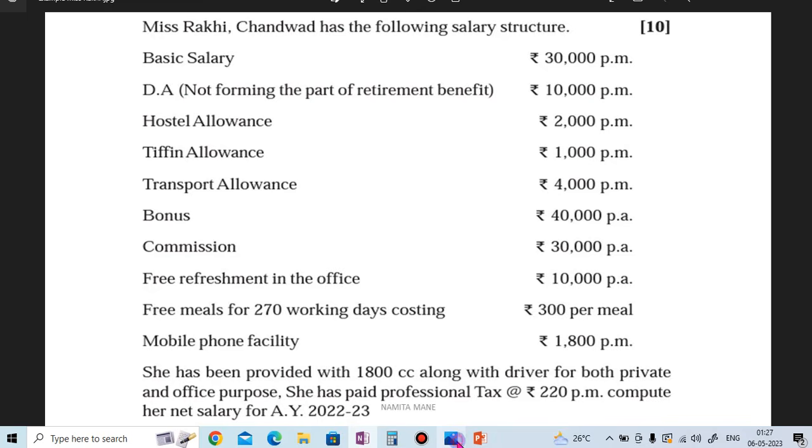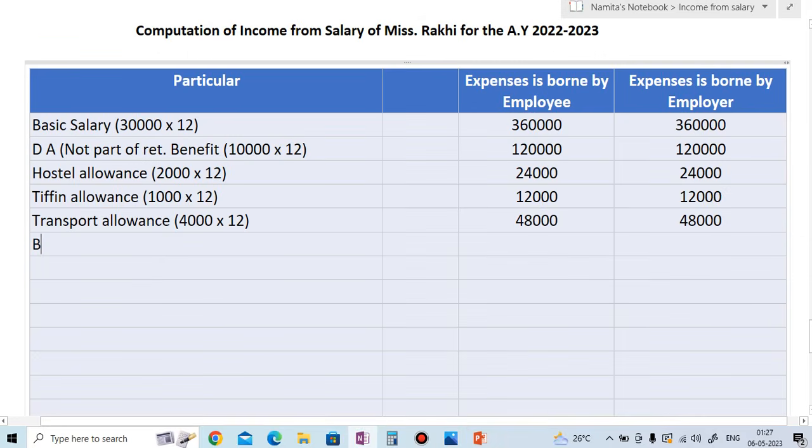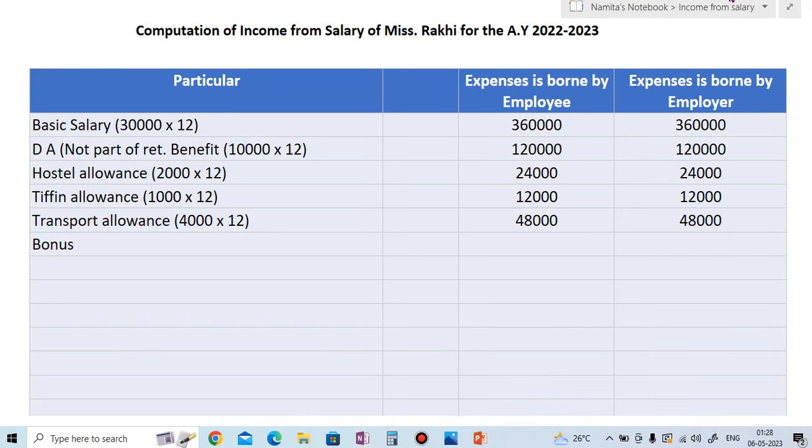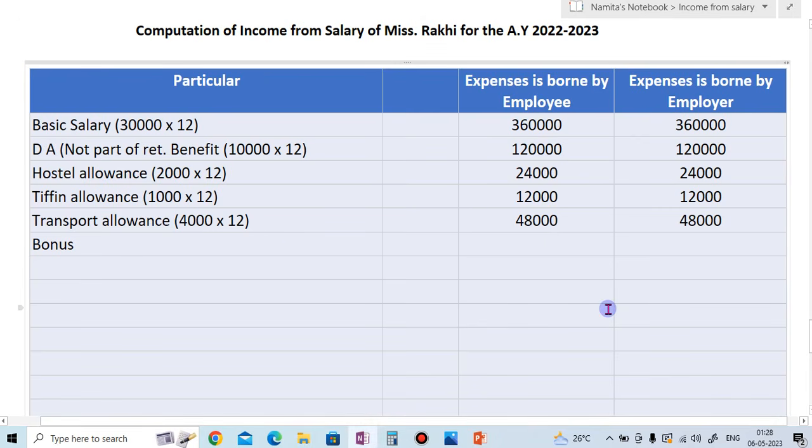After transport allowance, bonus. How much is the bonus? 40,000 per annum. Okay. So write here bonus 40,000 per annum.